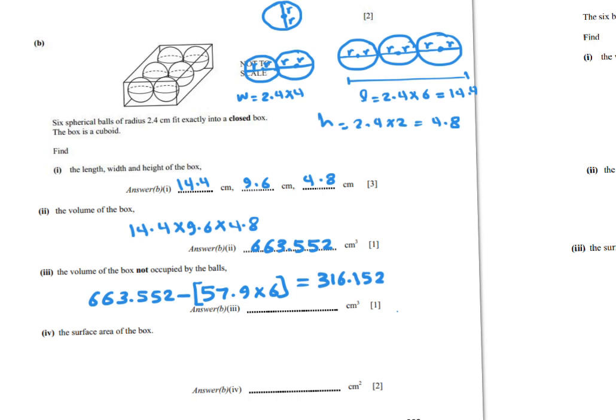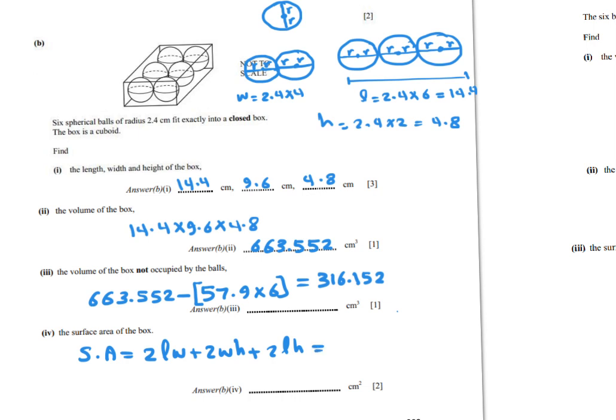For part four, the surface area of the box, this box is closed. So the surface area for a cuboid equals 2 length times width plus 2 width times height plus 2 length times height.